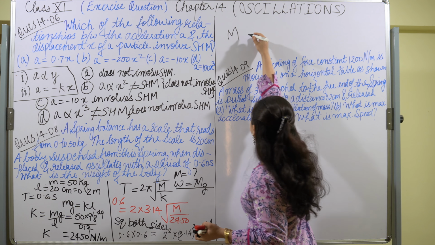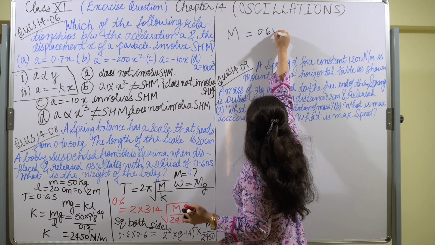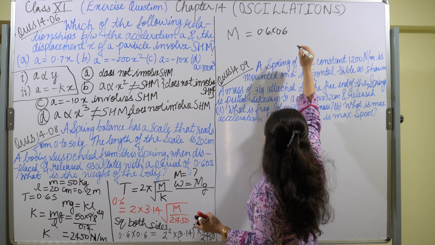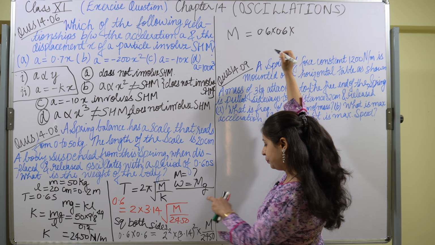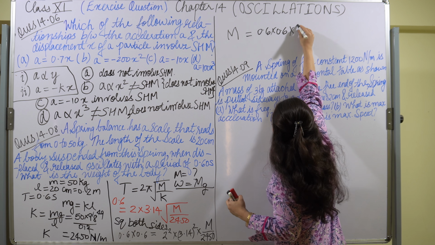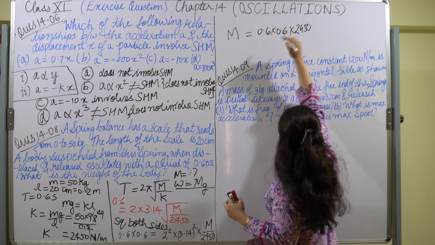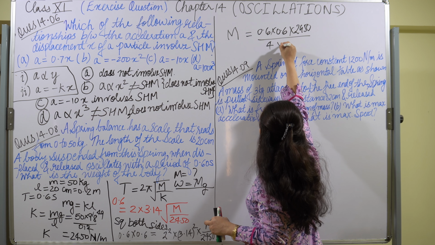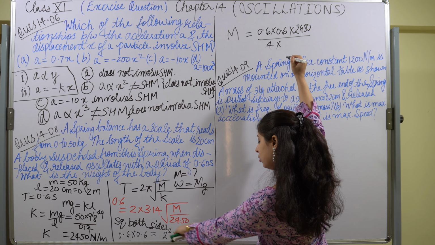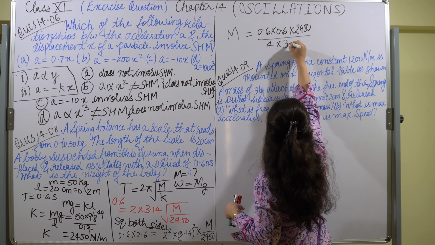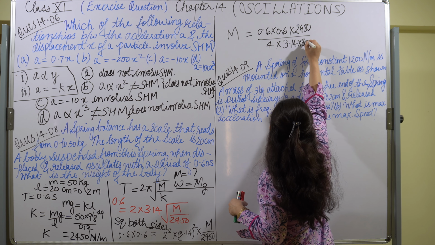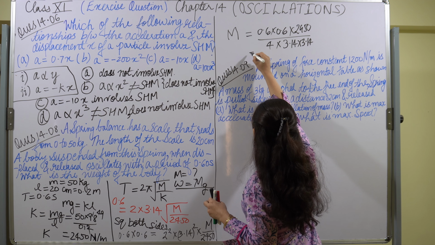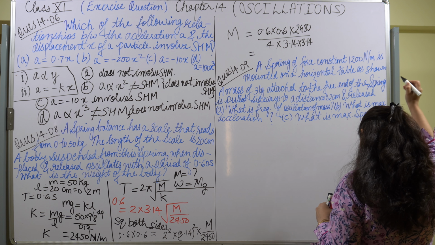So my m will be equal to 0.6 into 0.6 into 2450, upon 2 twos are 4 into 3.14 into 3.14.